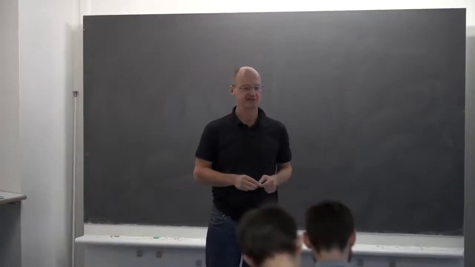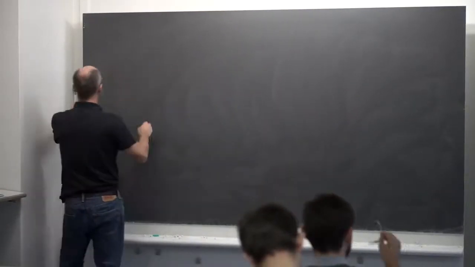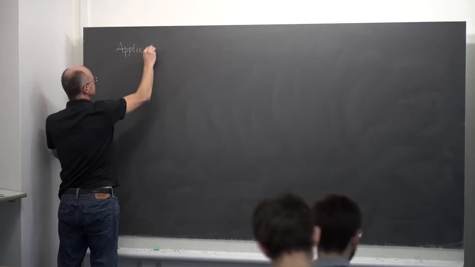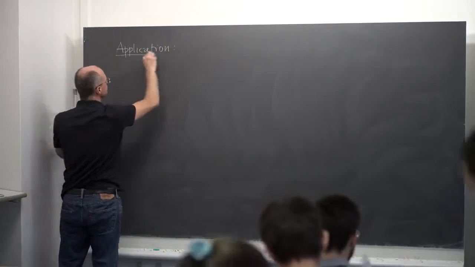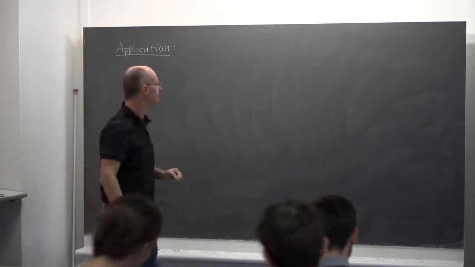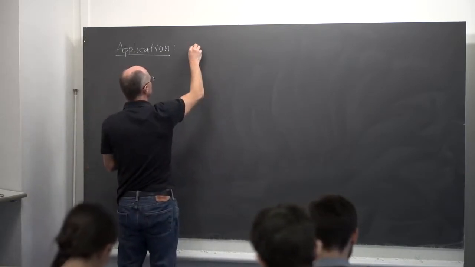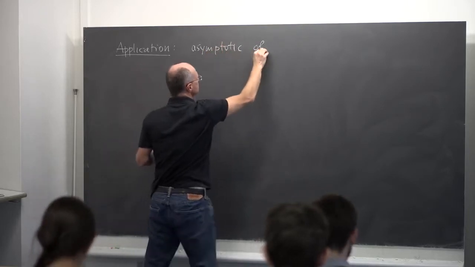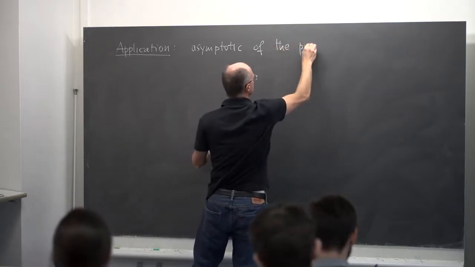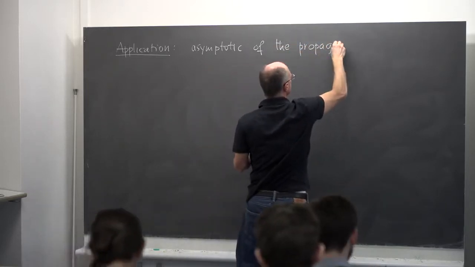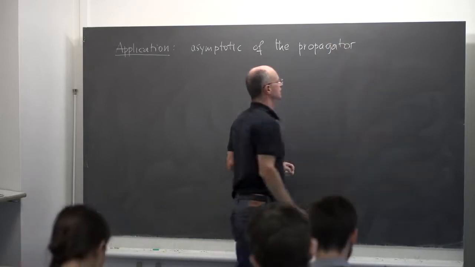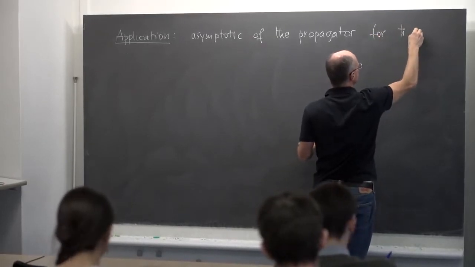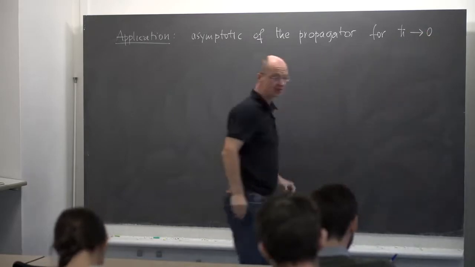All right, let's continue. Now, during this hour, we will consider an application of the Gaussian path integral formalism, and this application will be an asymptotic of the propagator of the Schrödinger equation for h bar small.